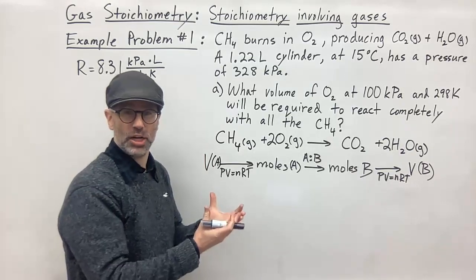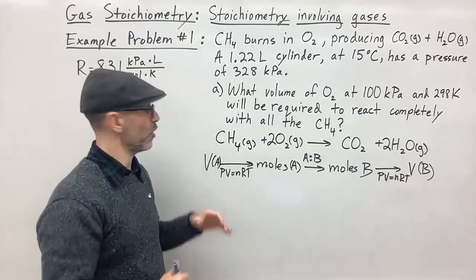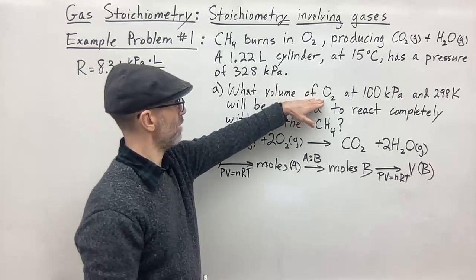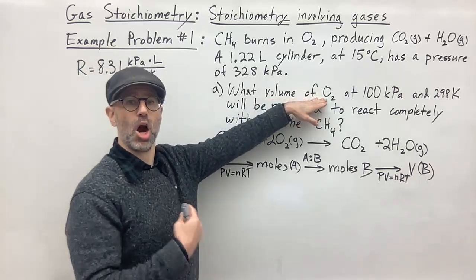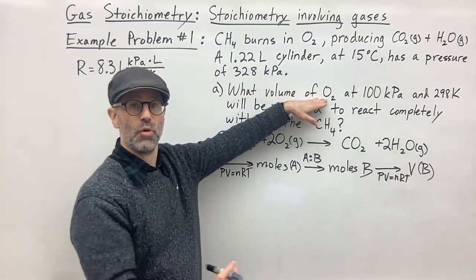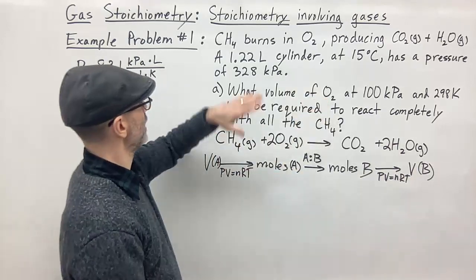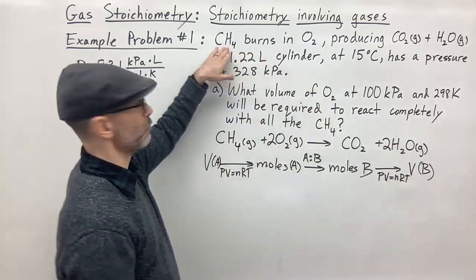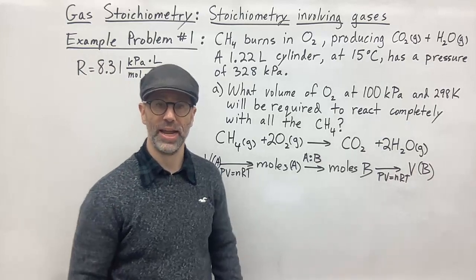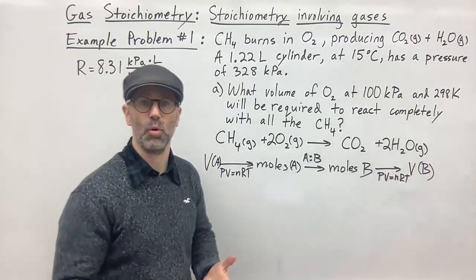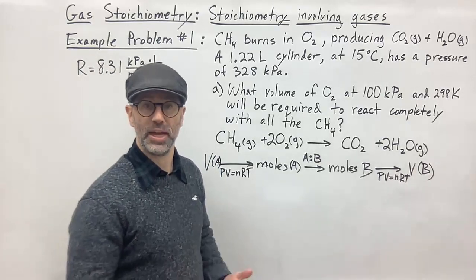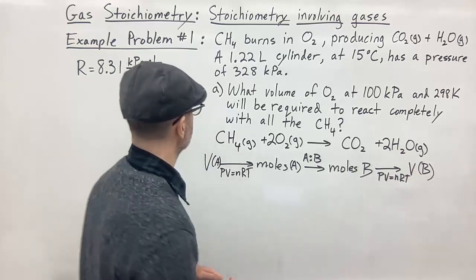That's the starting information we've got. And they're asking us for a volume of oxygen, so oxygen is going to be our substance B. We're going from A to B, and here the CH4, the methane, is our A. So we're going to figure out how many moles of methane we have to start with.